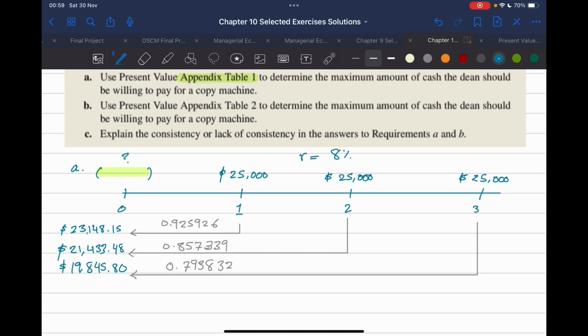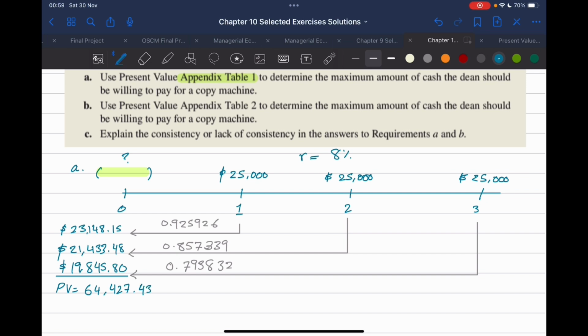I already have the last number on my calculator, so I'm just going to add 21,433.48 plus 23,148.15. Okay, and that is giving me a present value of 64,427.43.